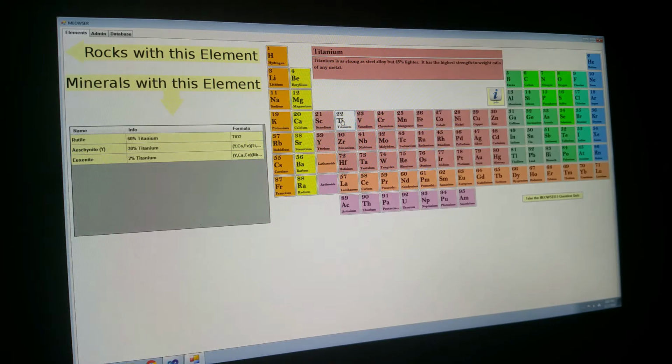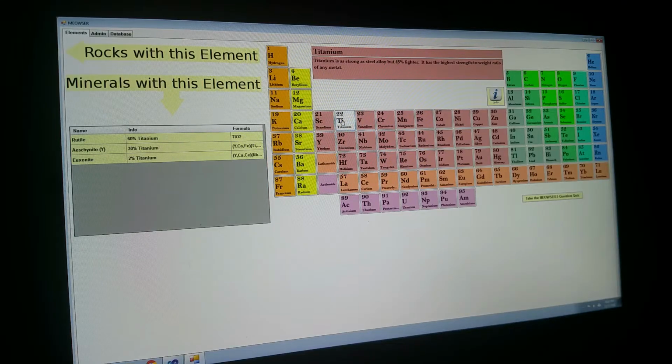Let's look at the periodic table. So on the monitor, if we click on an element, the entire table lights up because now we're in the mode where we want to just learn about elements. So I've clicked on titanium, and you'll see in this chart here that there's three minerals that contain titanium. If I go look at my cabinet, you'll see those three rocks are lit up because they contain the minerals with titanium.